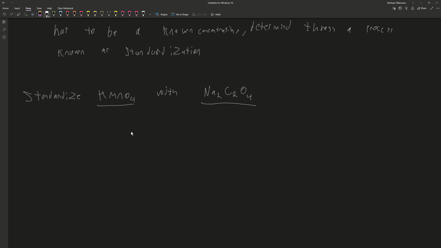So the reaction proceeds as follows. We have 5 C2O4 will react with 2 MnO4. And notice how I am not including the potassium and the sodium from these because they're technically not participating in this reaction.